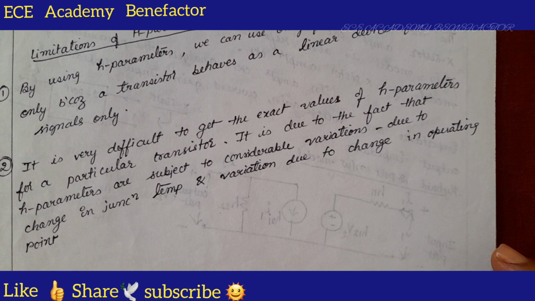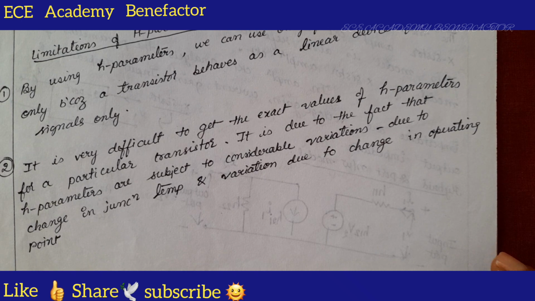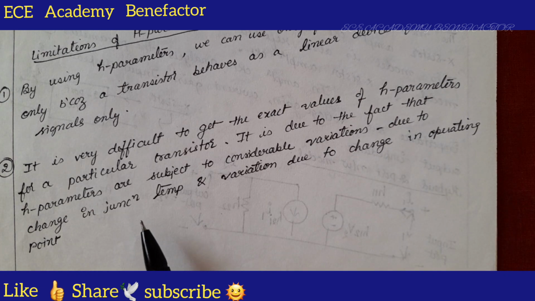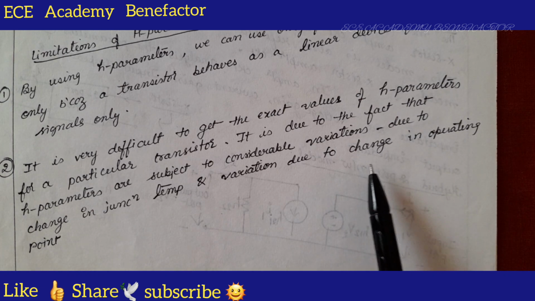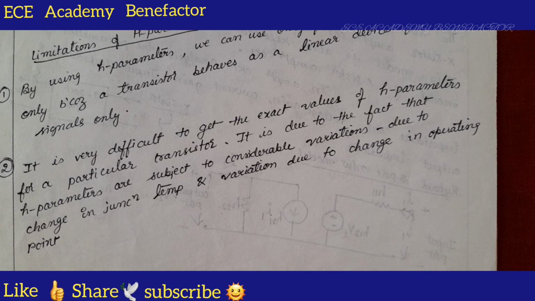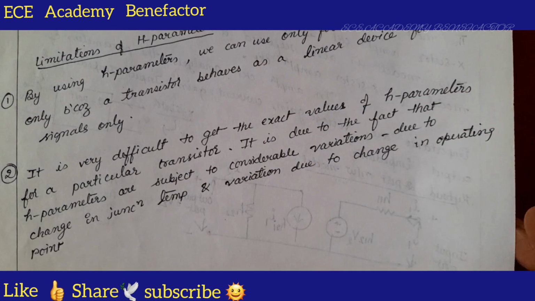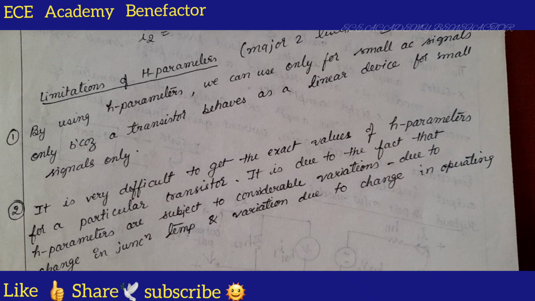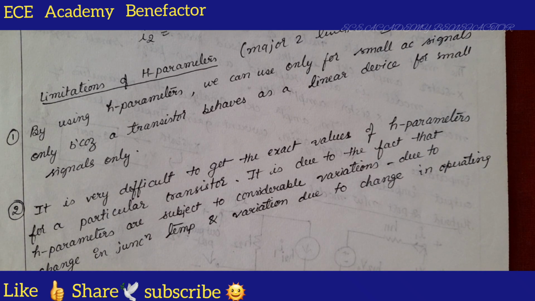Second, it is very difficult to get the exact values of H parameters for a particular transistor, because the H parameters are subject to considerable variation due to changes in junction temperature and changes in operating point.